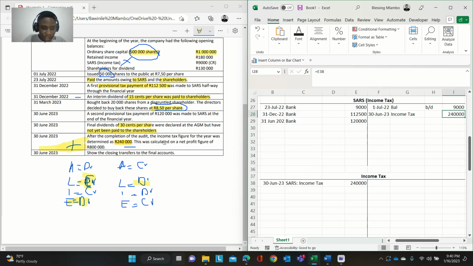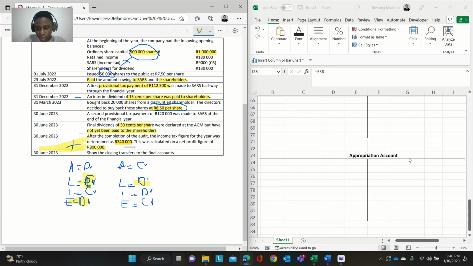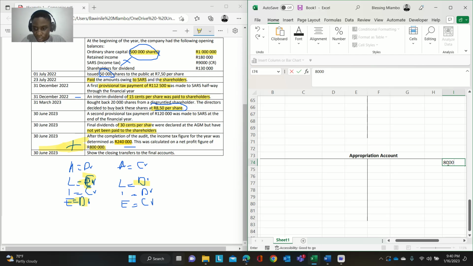And they say this was calculated on a net profit figure of 800,000. This net profit is always taken to the appropriation account. The appropriation account, remember, is where we distribute this profit to income tax, dividends, and the balance goes to retained earnings. So we have profit for the year.